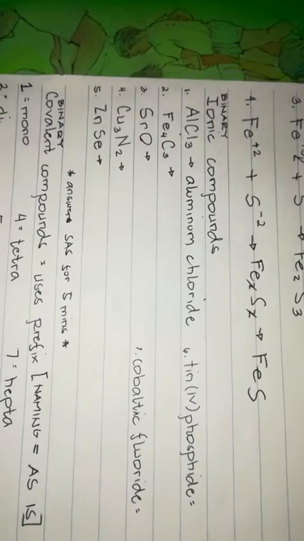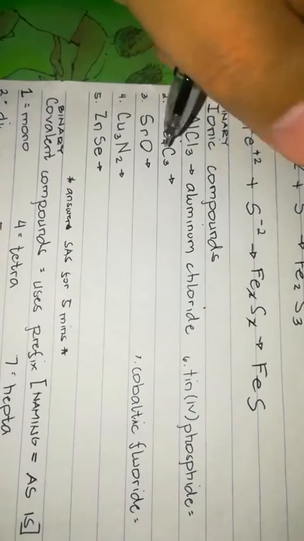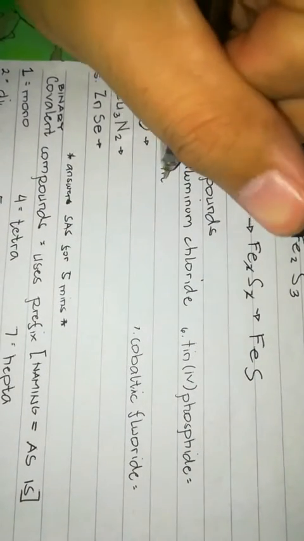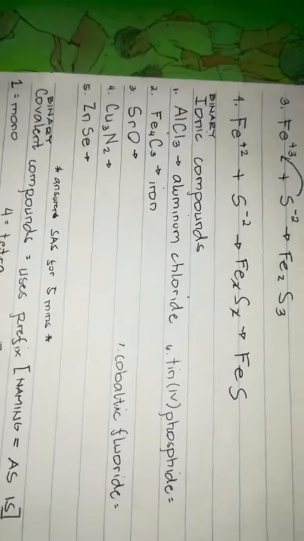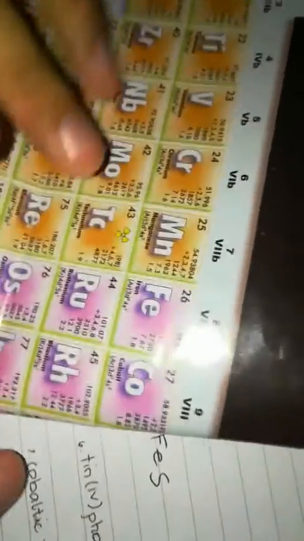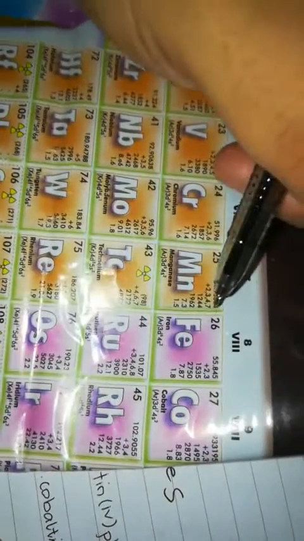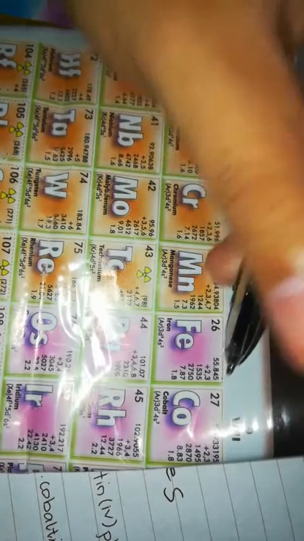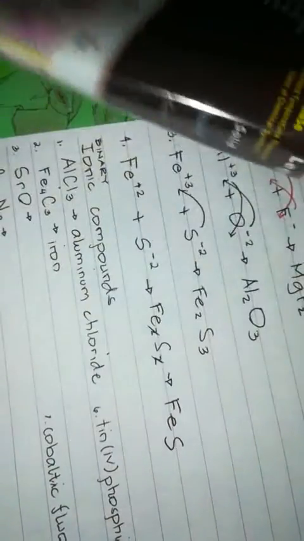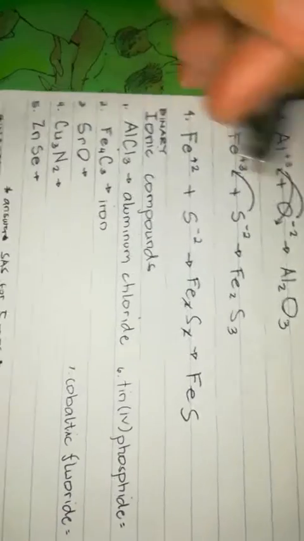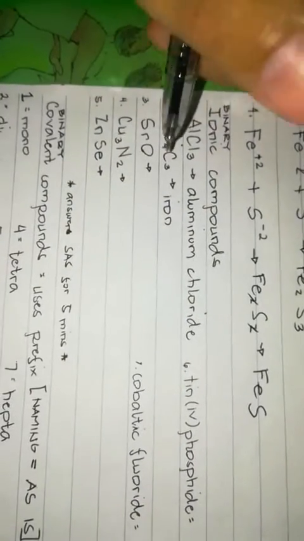Next, we have Fe4C3. Fe is iron. Tignan natin yung iron, number 26. Meron tayong positive 2, tapos positive 3. So, ang iron ay may dalawang charge, positive 2 or positive 3. Alin doon ang ginamit dito?